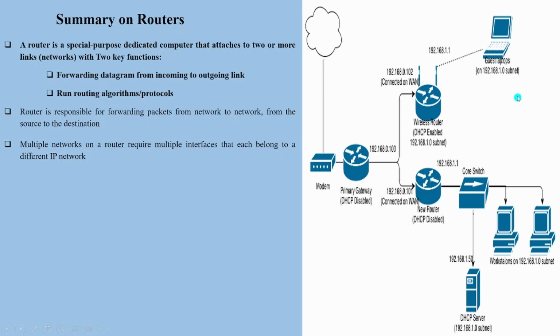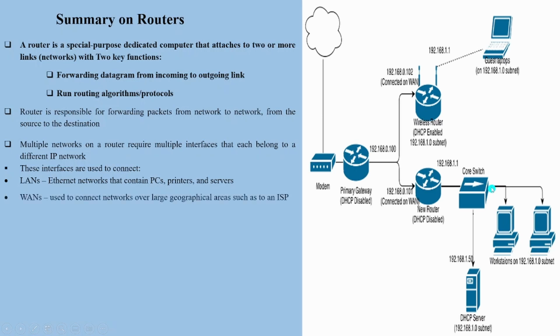Multiple networks on a router require multiple interfaces that each belong to a different IP network. These interfaces are used to connect local area networks, in other words Ethernet networks that contain PCs, printers, and servers, or wide area networks, which are used to connect networks over large geographical areas, such as to an ISP, or internet service provider.